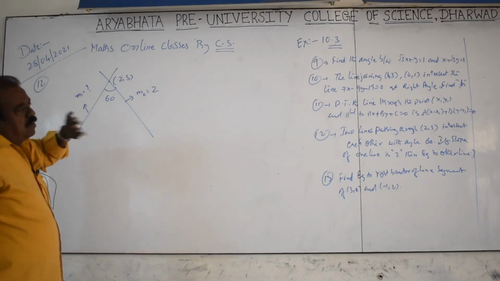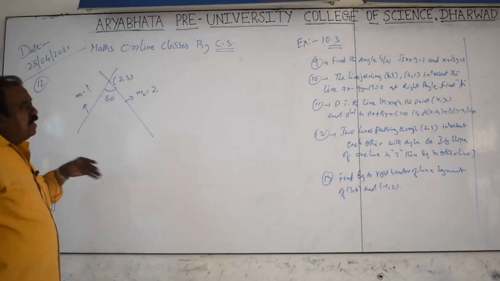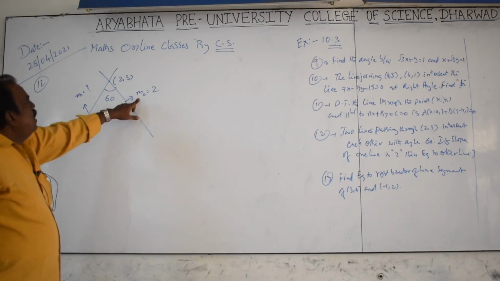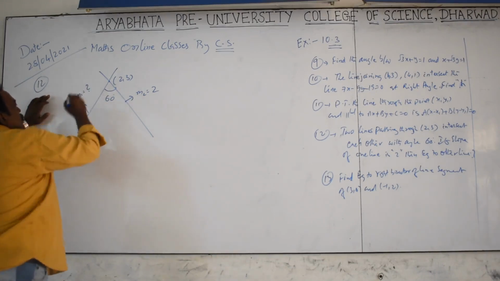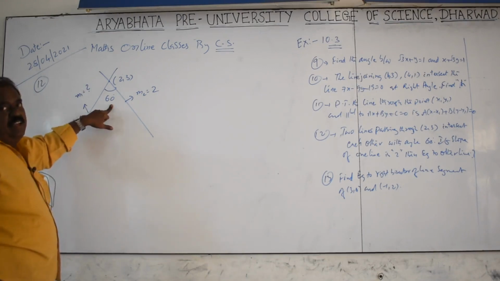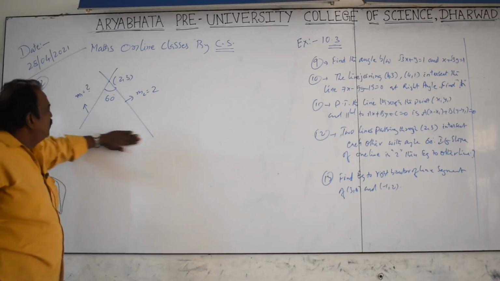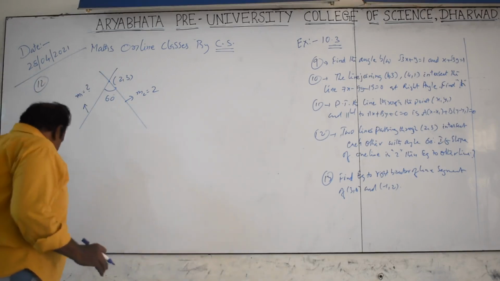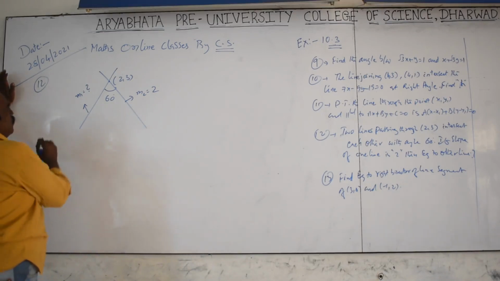One line's slope is 2, another line's slope is not known. But the angle between them is 60 degrees. We have to find this line's equation. Now, observe. It is a somewhat lengthy problem.